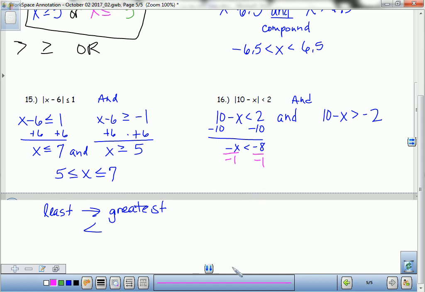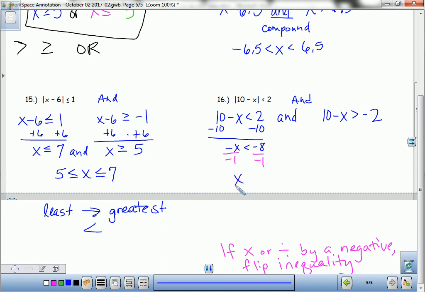So whenever you have to multiply or divide by a negative, then you flip your inequality. And we have to on this one. To solve it, we have to divide by a negative 1, so it flips from less than to greater than. Okay?